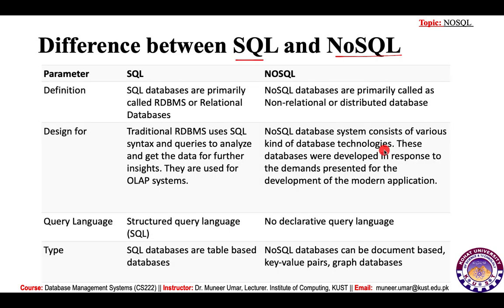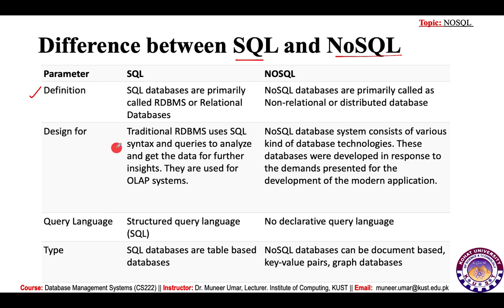Now the last thing in today's lecture is the differences between SQL and NoSQL. The first thing is definition. By definition, SQL databases are known as relational database management systems, or relational databases, while NoSQL are called non-relational or distributed databases.